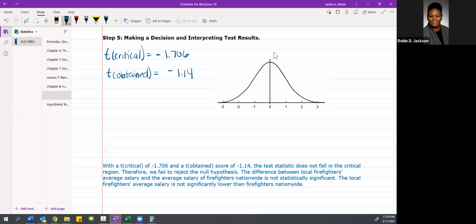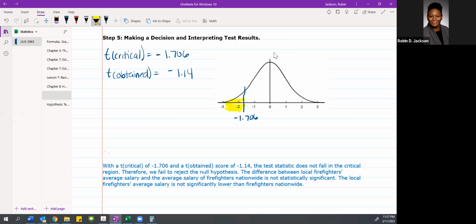So I know that's going to be somewhere around here. If you graph it out, that's going to be around here somewhere. I just can't draw a straight line to save my life. So negative 1.706. Now remember what we've been saying.